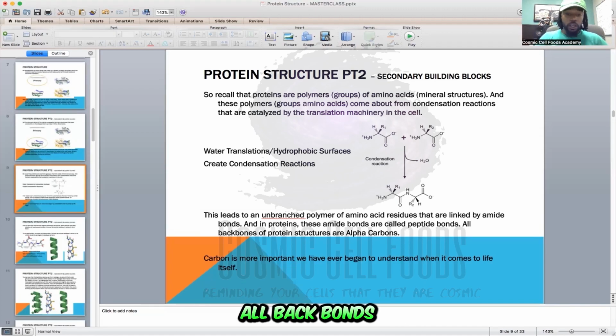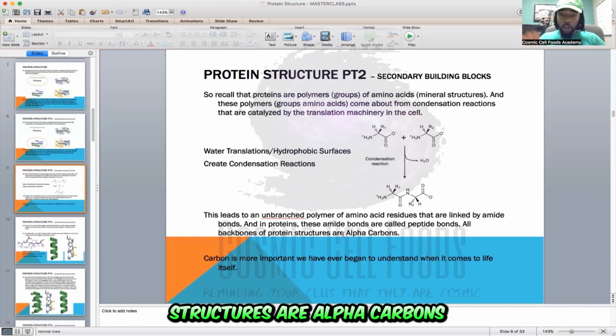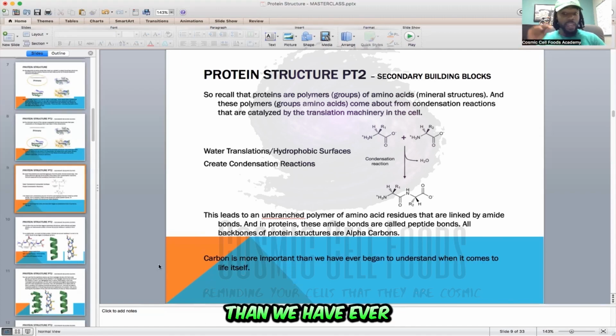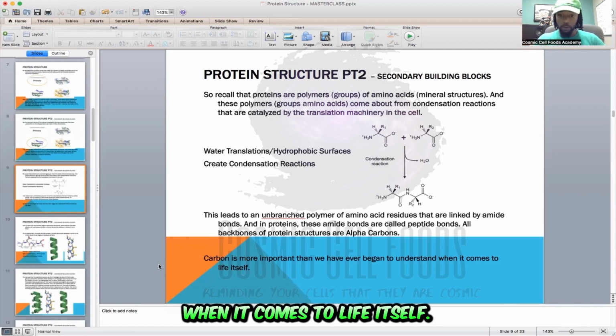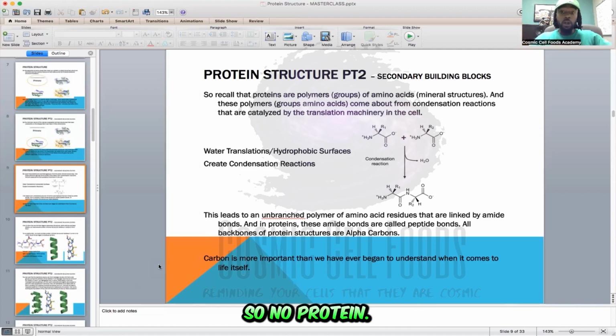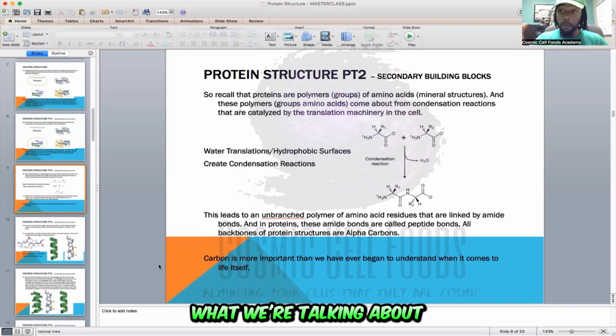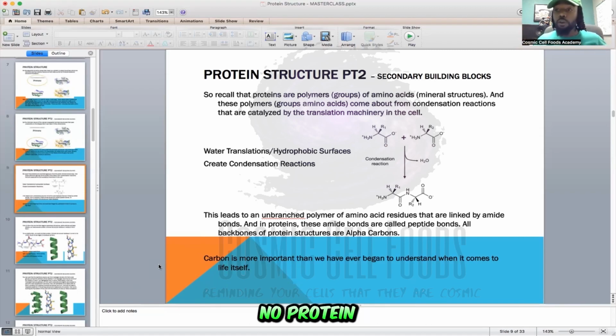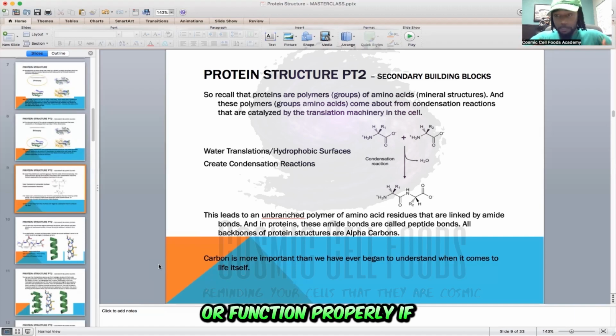All backbones of protein structures are alpha carbons, as we just went over again. Carbon is more important than we have ever begun to understand when it comes to life itself. No protein, whether in plants or in the human body, can even be built or function properly if it doesn't have carbon.